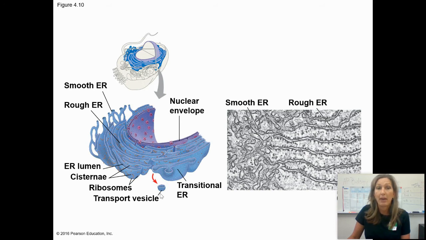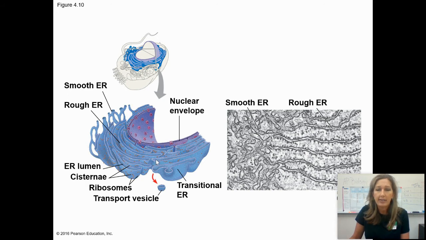Proteins need to get packaged and shipped to the Golgi apparatus. So what I'm seeing coming off here is a transport vesicle. Proteins get wrapped up in a transport vesicle, which is essentially exocytosis, where the membrane that made this up is wrapping around the proteins in order to now transport them to the Golgi apparatus.